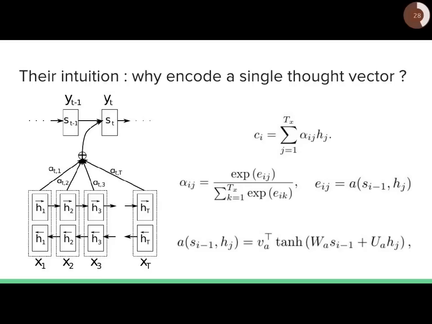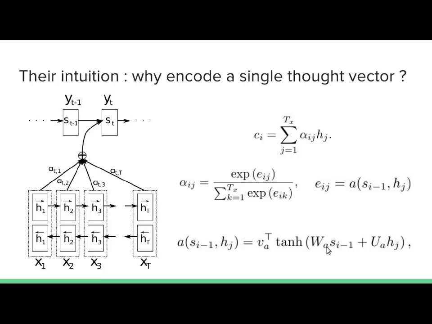So how do they implement it in their paper? It's like that, but they wanted to say that we can be creative in the way that we add this mini model, this mini neural network. It can be different. They used a combination of the previous state and the hidden state.